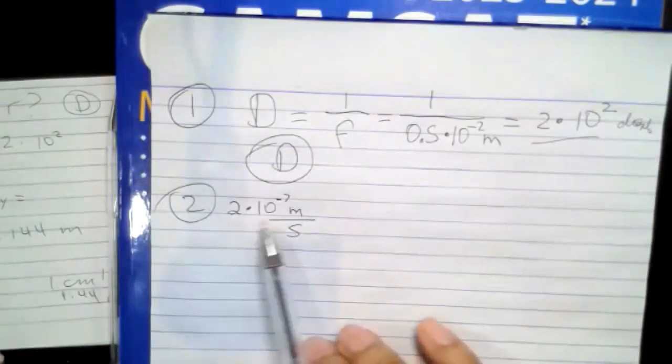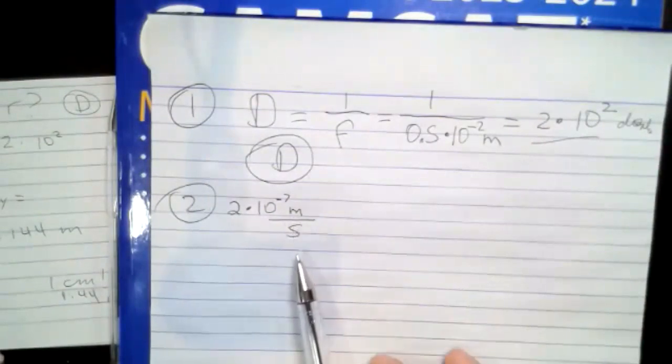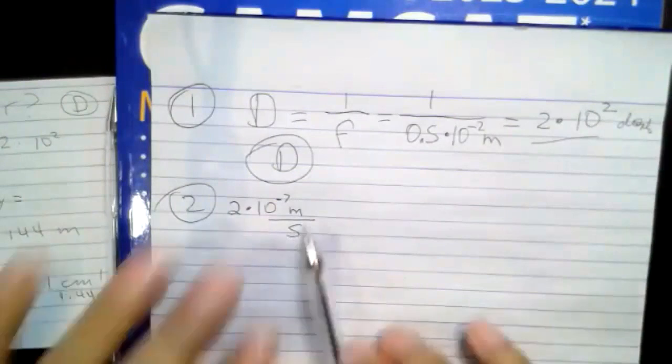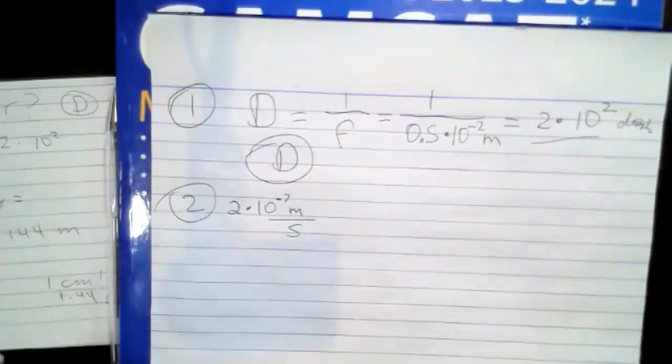Answer choice A is 2 times 10 to the minus 7 meters per second. Now, I don't know how fast a person grows in meters per second. I can't relate to that. But I have seen people go from birth to 20, and perhaps you have personal experience with that yourself. At least you have pictures of it.